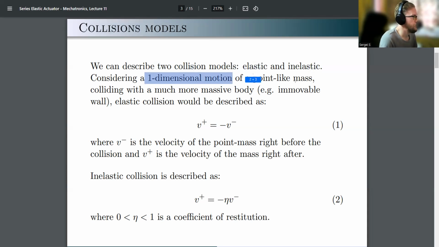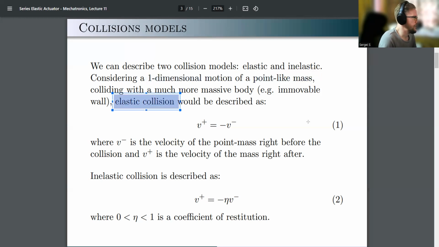Okay? So point-like mass, so we're not talking about the instantaneous change of, let's say, rotational motion. We're discussing only linear motion. And let's say this point-like mass is colliding with a much more massive body, like a wall, okay? All right.